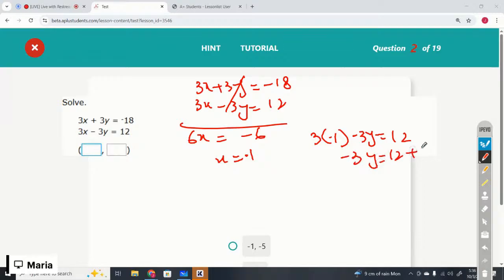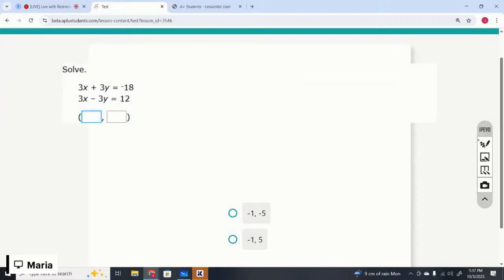Negative 3y equals 12 plus 3, so y equals negative 5. Option number 1 is the correct option, that is negative 1 and negative 5.